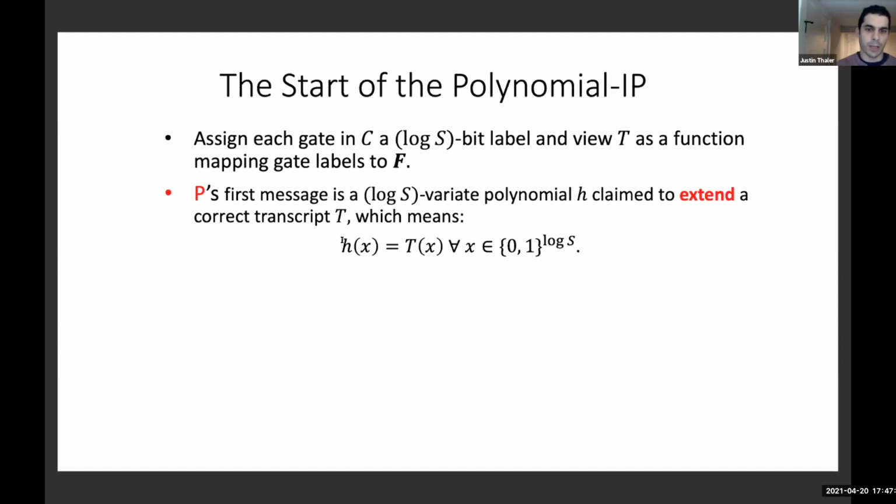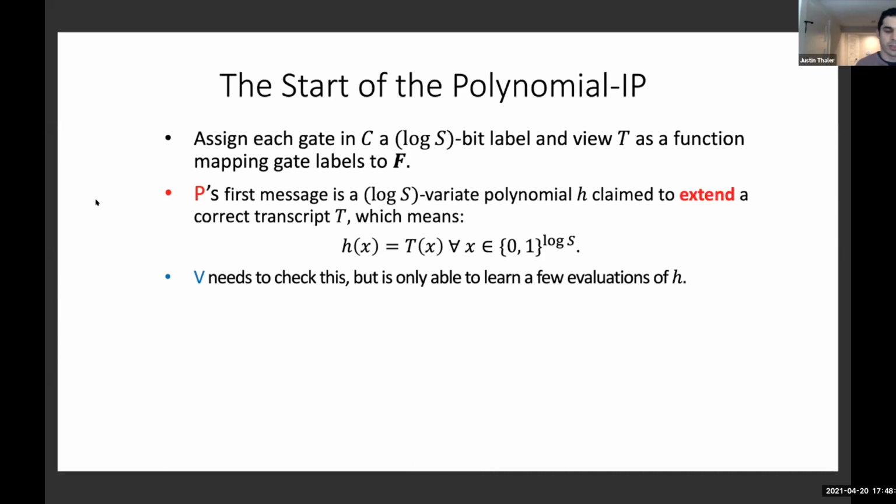That is, if you evaluate the polynomial at any gate label, it just spits out the value that the correct transcript assigns to that gate. So you can think of the transcript itself as the world's dumbest static NP proof that the circuit is satisfiable, and H as some kind of encoding of that dumb proof.